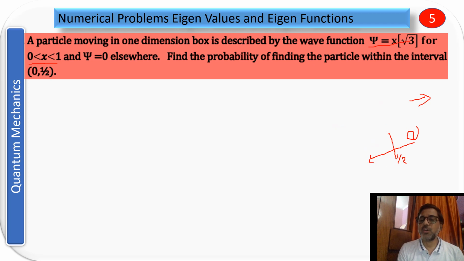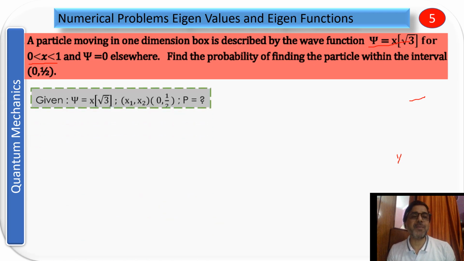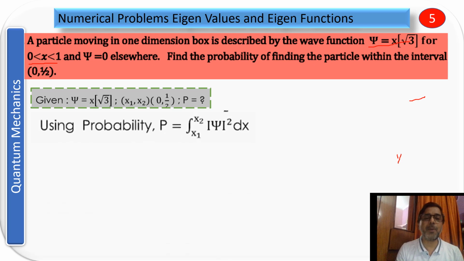All right, so let us see this problem. What is given? The wave function is given. So psi equal to x root under 3, and the limit has been given, x1 and x2, between 0 and half. Then what is the probability of finding the particle within that? How do we calculate the probability?